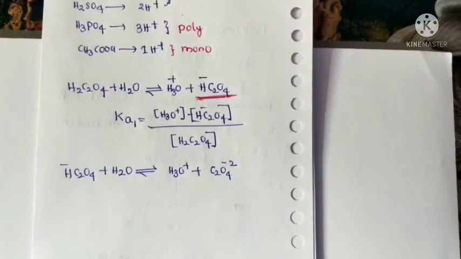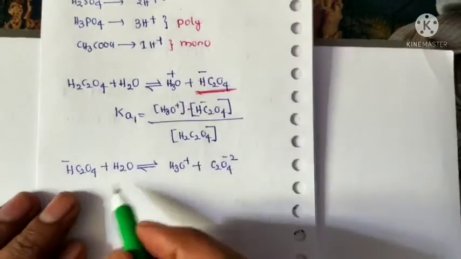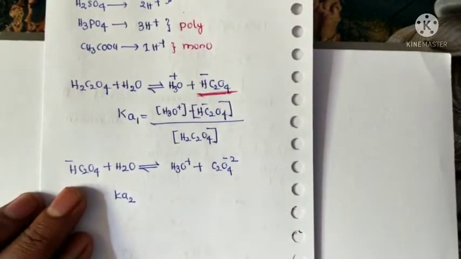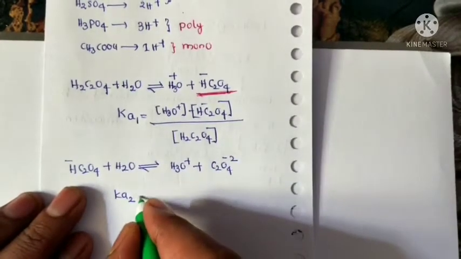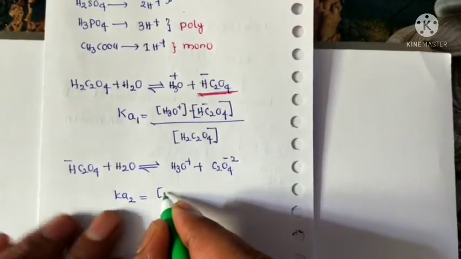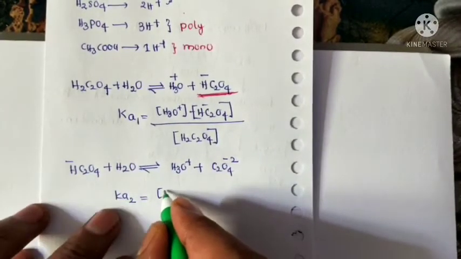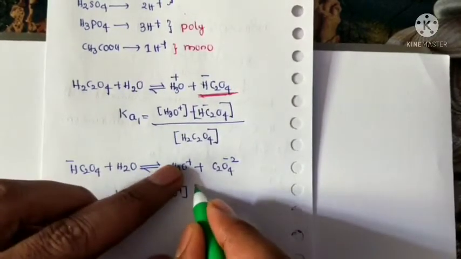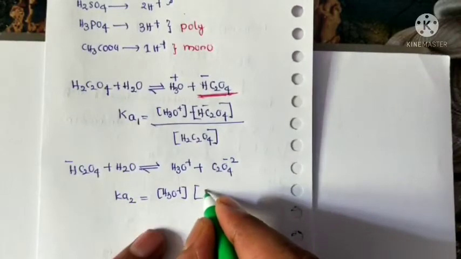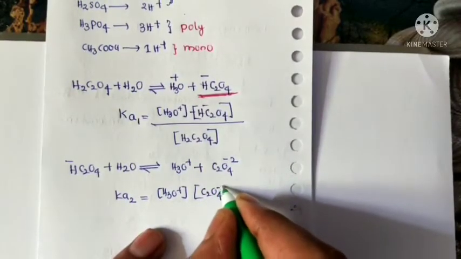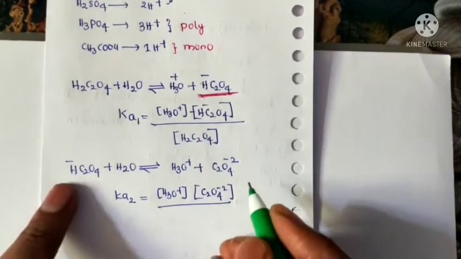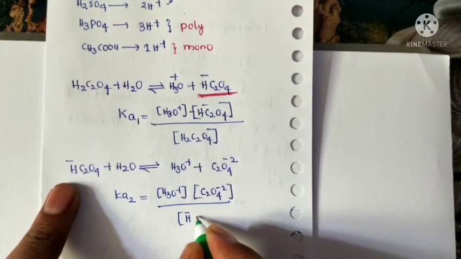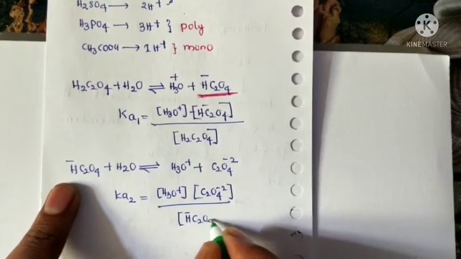This is another dissociation of the weak acid, that is Ka2. So what is the ionization constant of oxalate ion? H3O plus concentration times oxalate ion concentration divided by the concentration of HC2O4 minus.